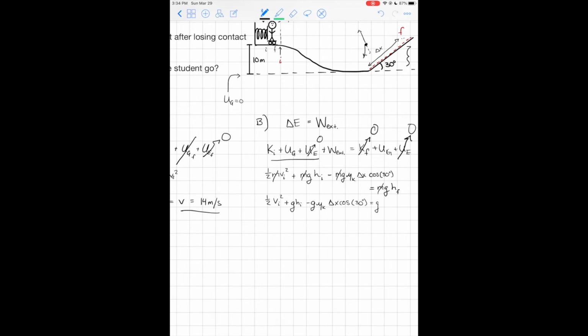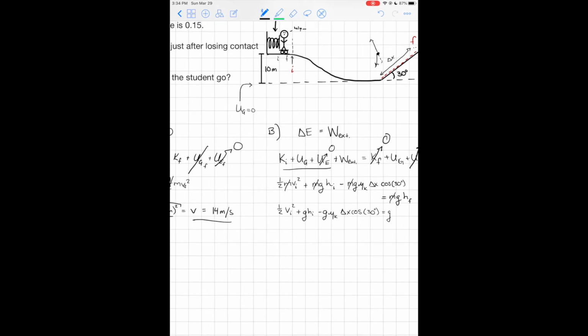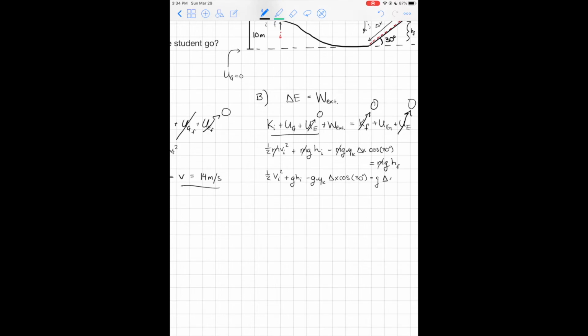Now, here's the interesting part. How can I relate h_f to delta x? Because I don't know h_f, and I don't have anything to really solve for that right now. But I could say, well, it's the opposite side to this 30-degree angle. So maybe I could say something like h_f is equal to delta x times sine of 30 degrees. I think that works. Now I have two delta x's, so I want to take care of that.